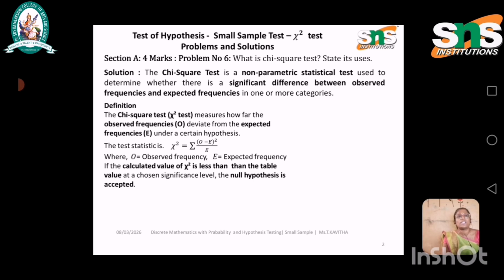The chi-square test measures how well the observed data fit with the expected data under a given hypothesis. The test statistic is given by the formula chi-square equals summation of (O minus E) whole square divided by E, where O means observed frequencies and E means expected frequencies.